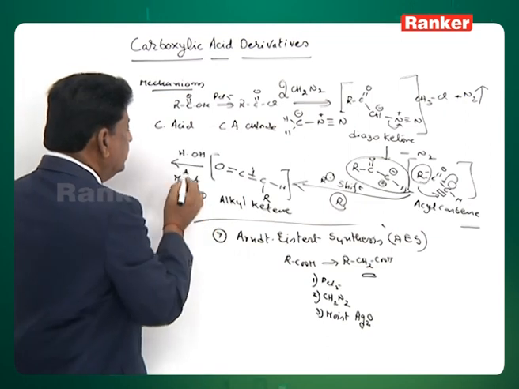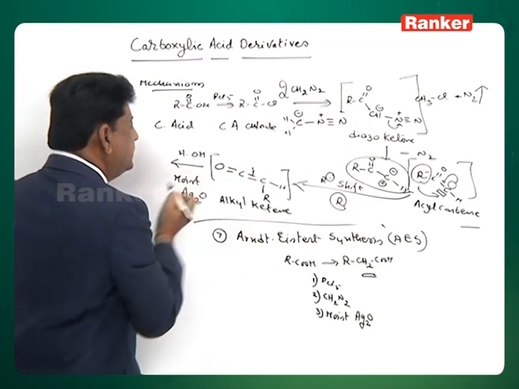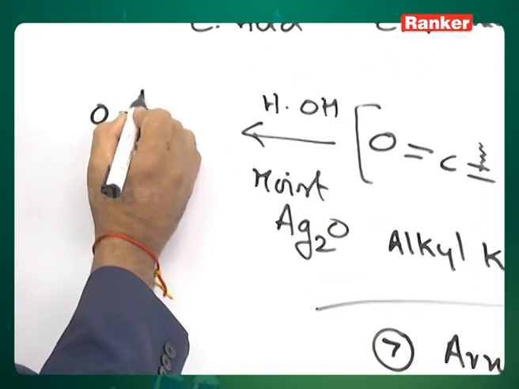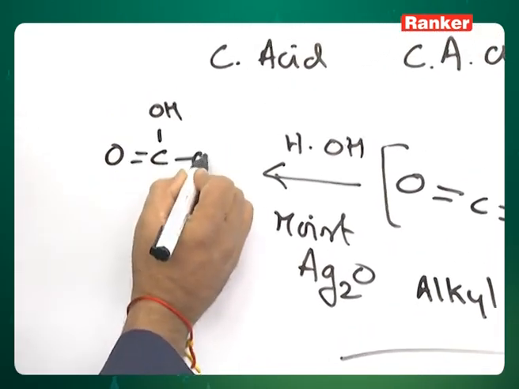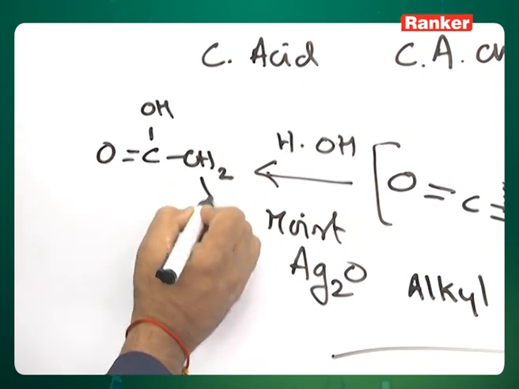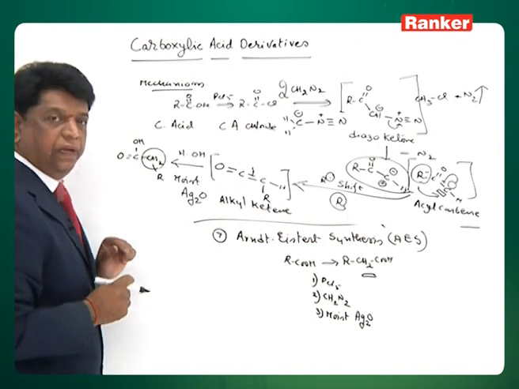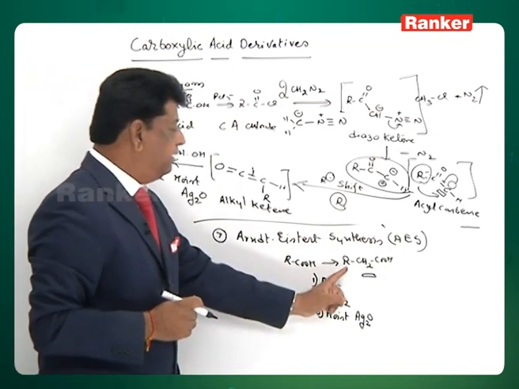So, just add water, HOH, so that this becomes C double bond O with the OH, and the CH with another hydrogen, CH2, the R. That means RCOOH with an extra CH2 gained, so that is nothing but RCH2COOH.